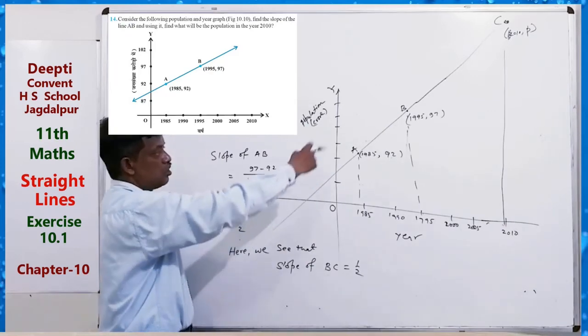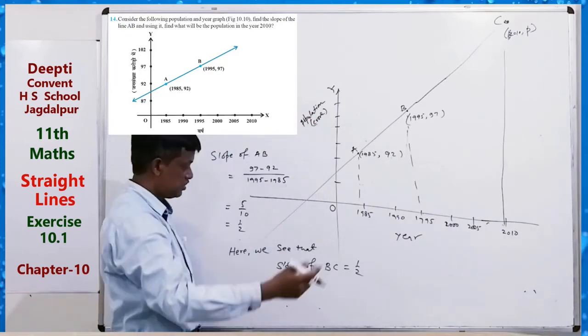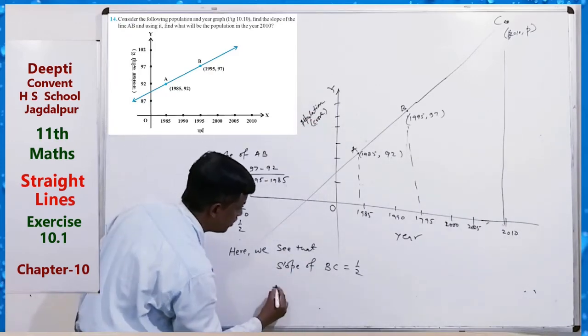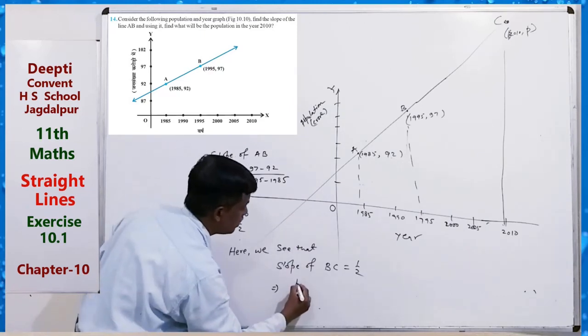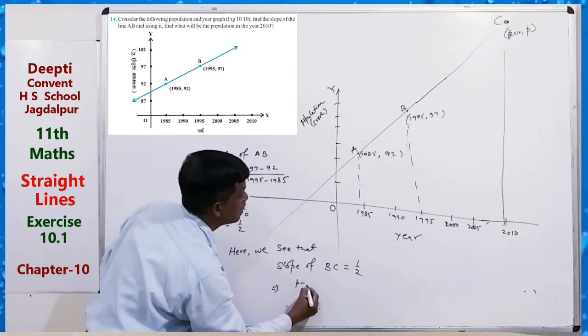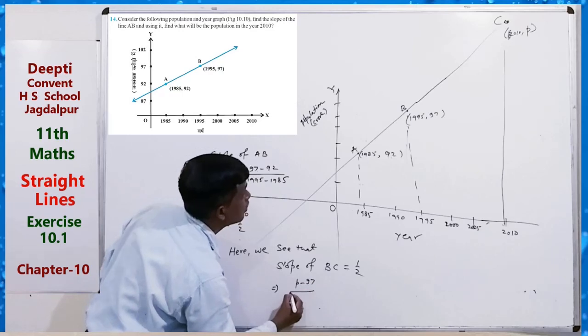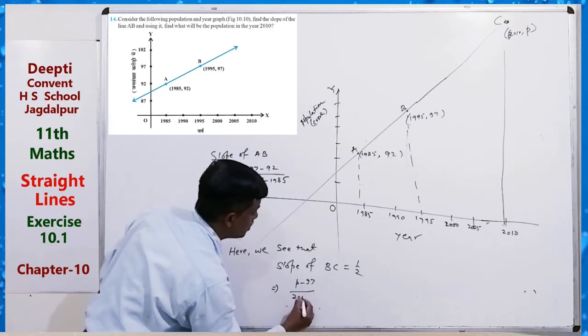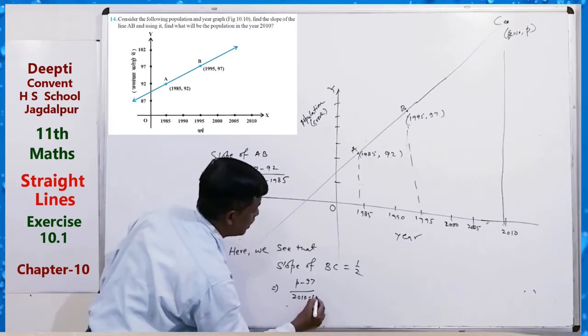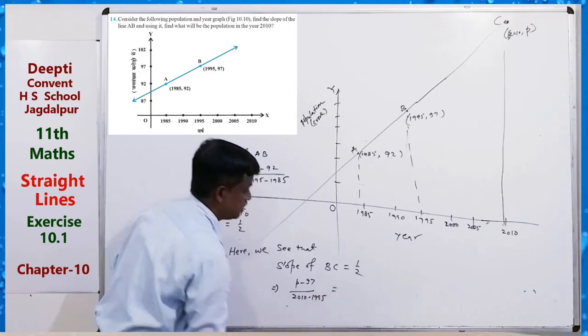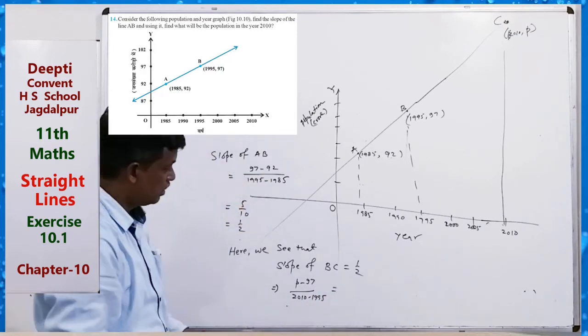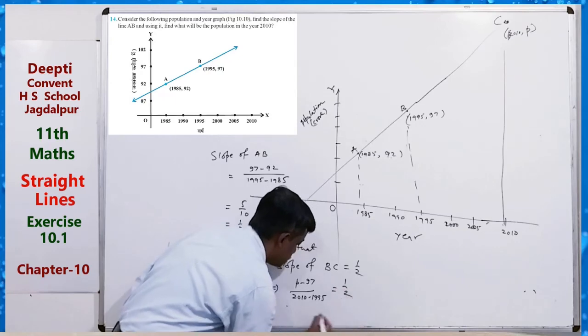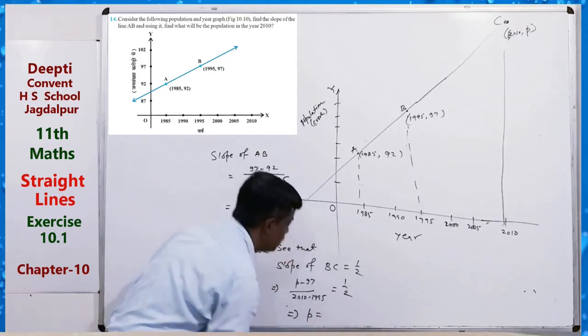So the slope of AB and the slope of BC are the same. Slope of BC means P minus 97 upon 2010 minus 1995 equals half. Solving this, we can get the value of P.